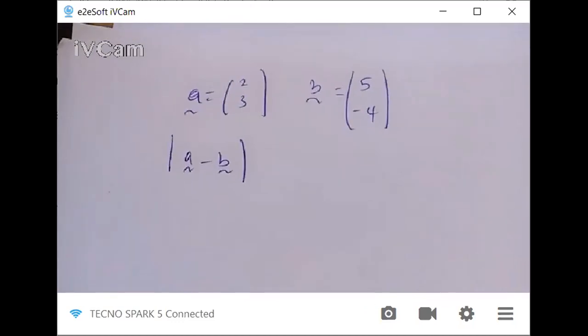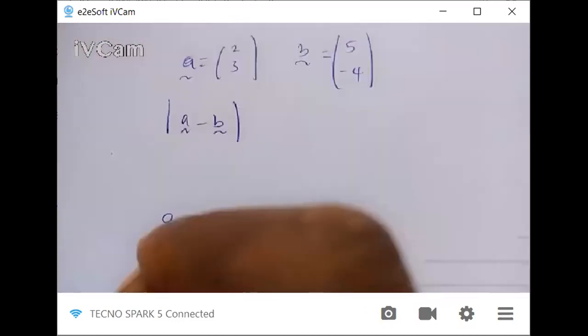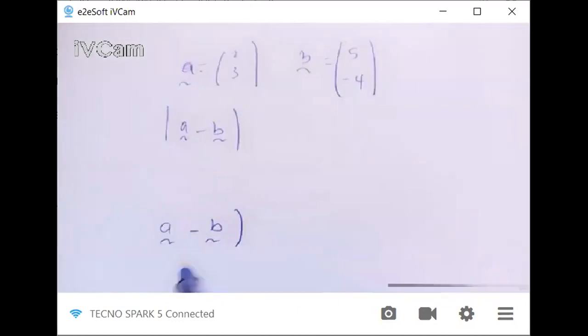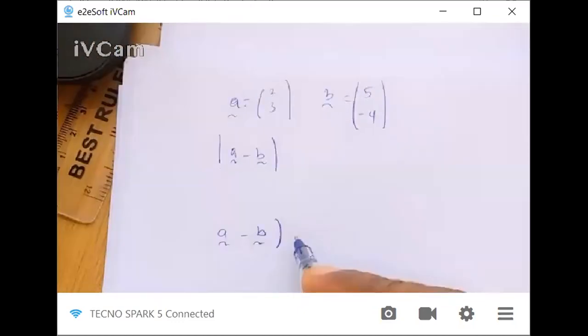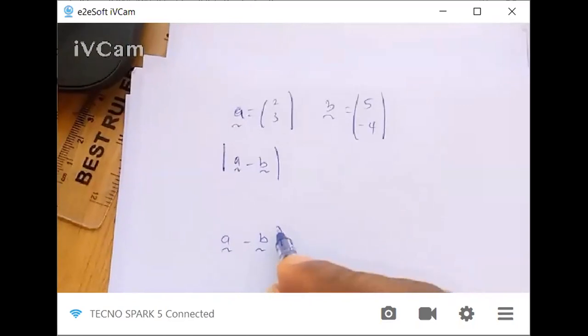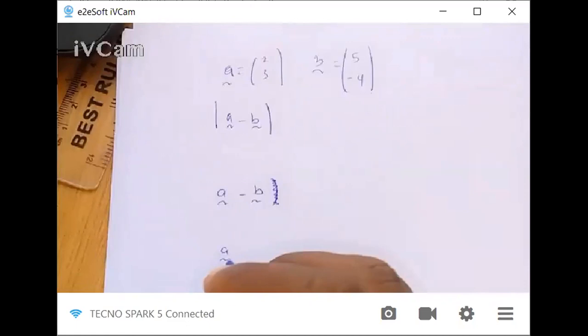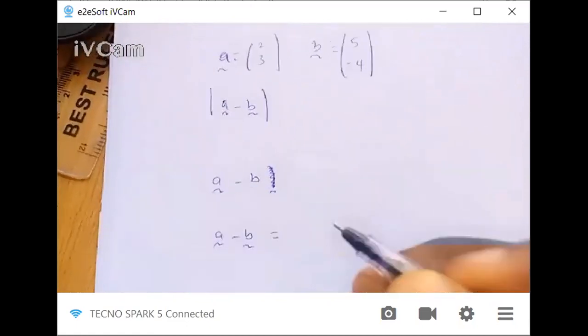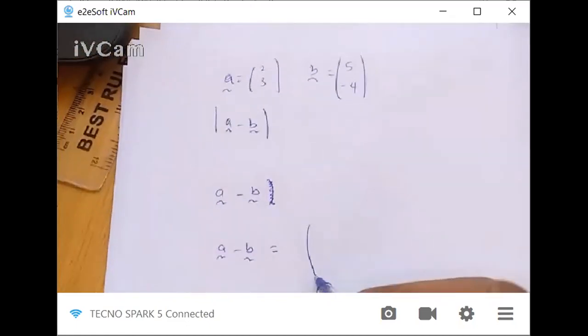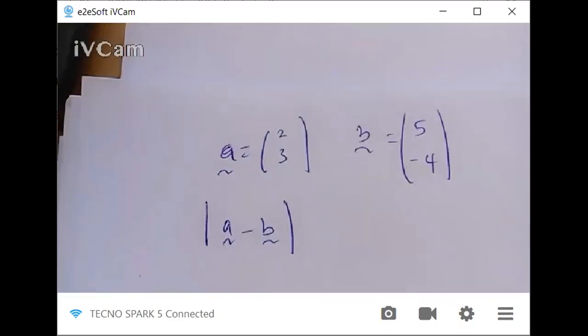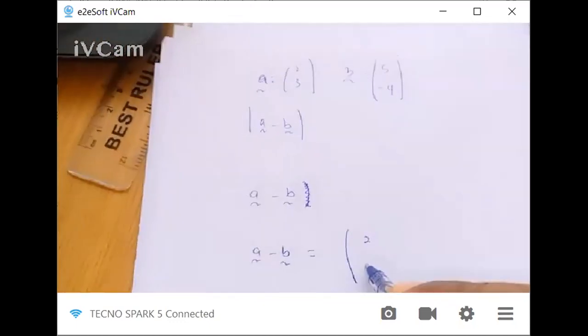So how would you get A minus B? To get A minus B, you first write A. A is (2, 3).